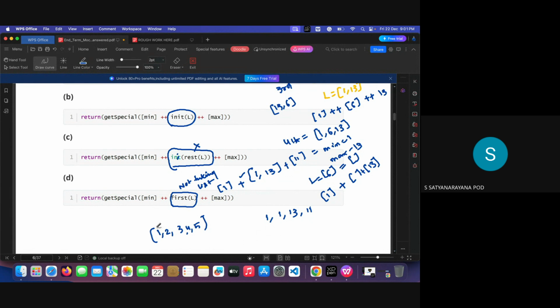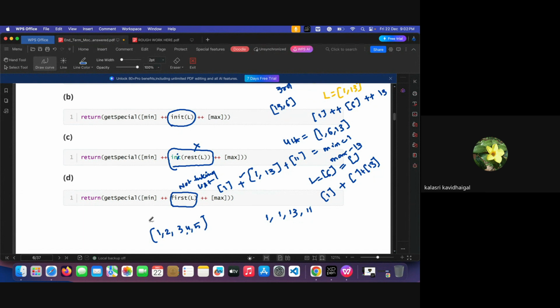Take two inits. If you take the first init, init will remove only the last element. Last element is removed.